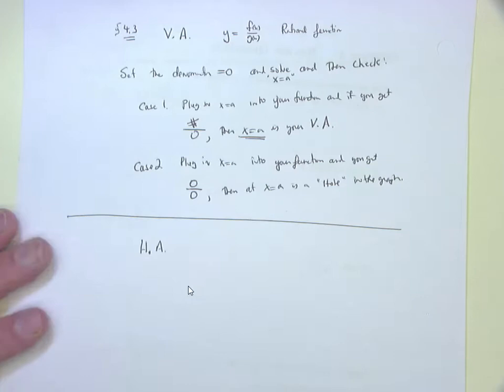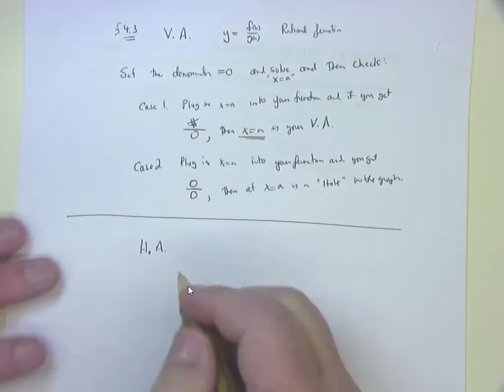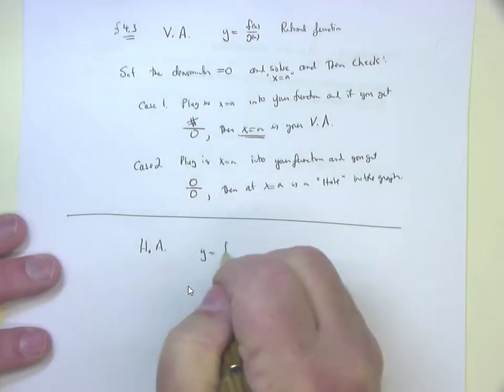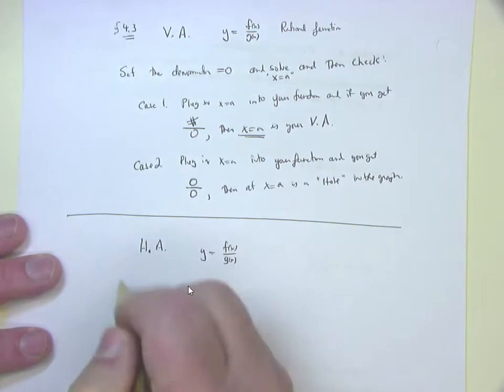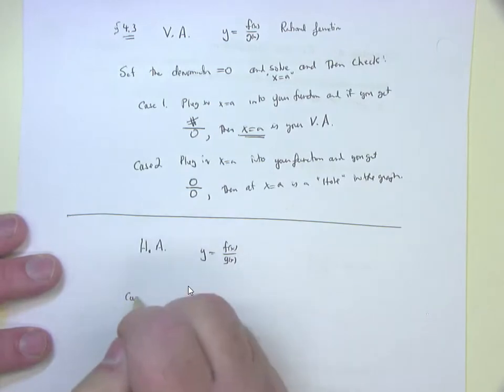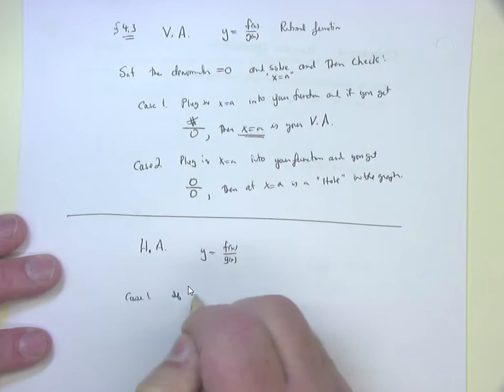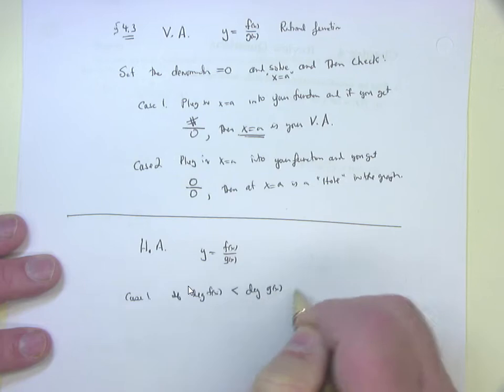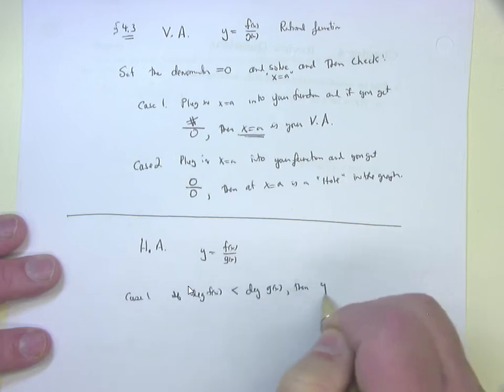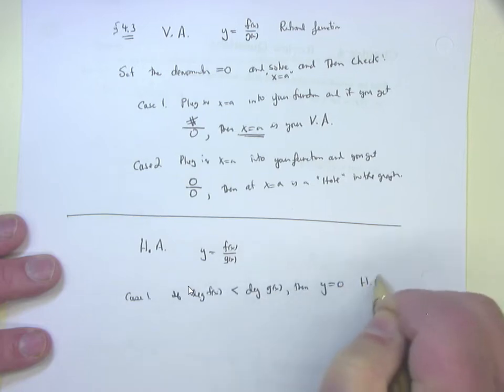In comparison, we also had HA, the horizontal asymptote, and with it we had the horizontal asymptote theorem. So you've got y equals f of x divided by g of x, and you focus on cases. Case 1: if the degree of f of x, the top, is less than the degree of g of x, the bottom, then y equals 0 is the horizontal asymptote.